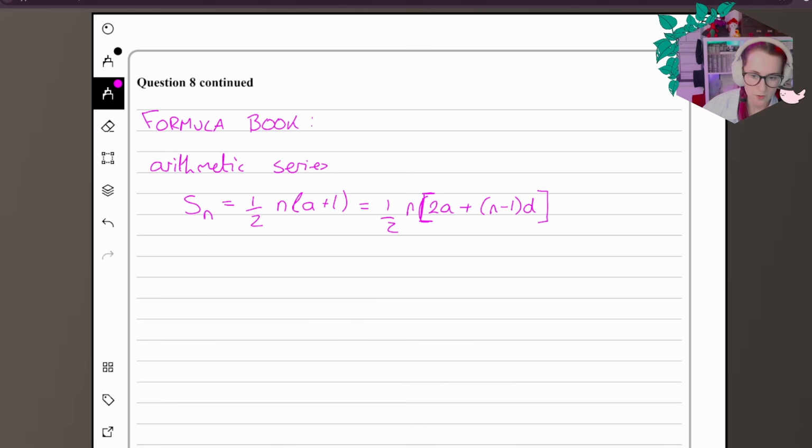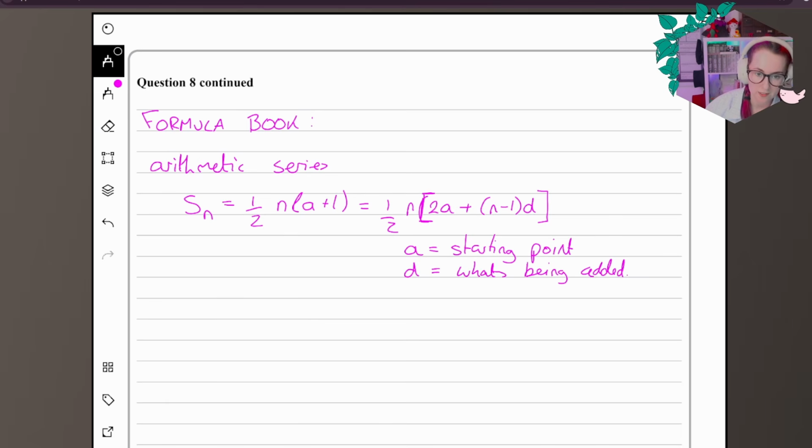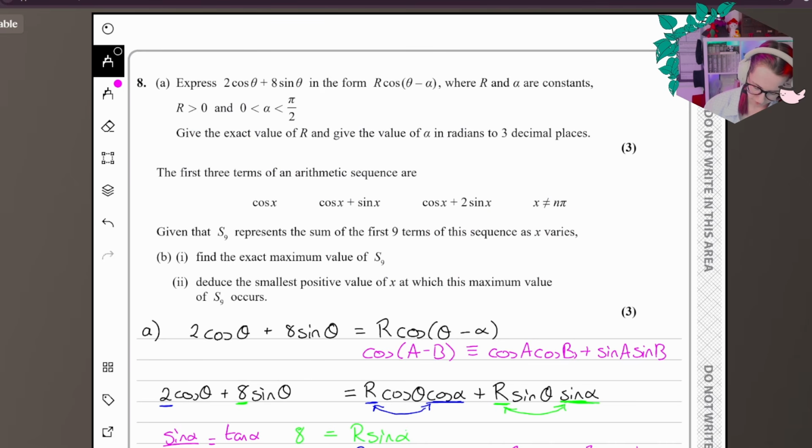So here, the n is the term it is, the a is sort of your starting point, and then d is what's being added. So in the expression before, we had cos x, so this is our a.